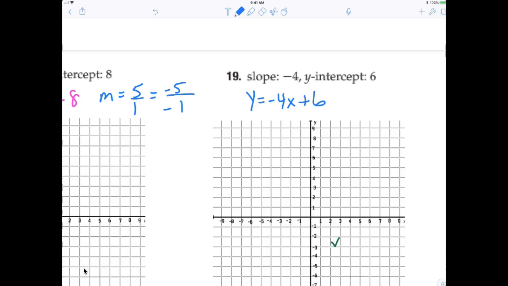Now, how do I graph? Brilliant. And you're awesome, buddy. Then graph the line. No. Why is that? Because negative 4 over positive 1. Oh. Thank you. Very good.